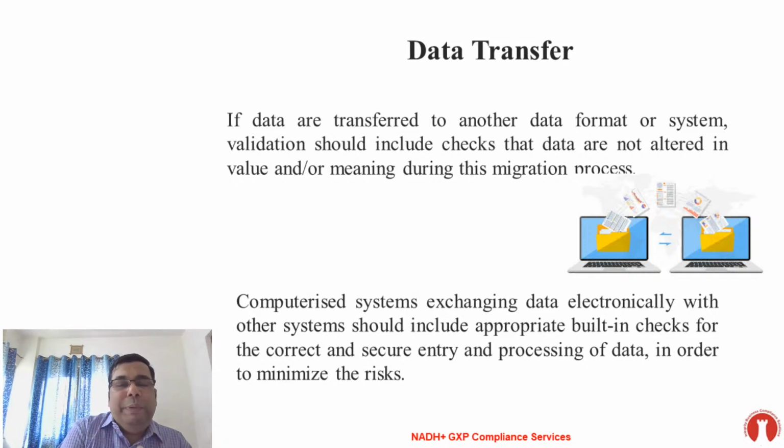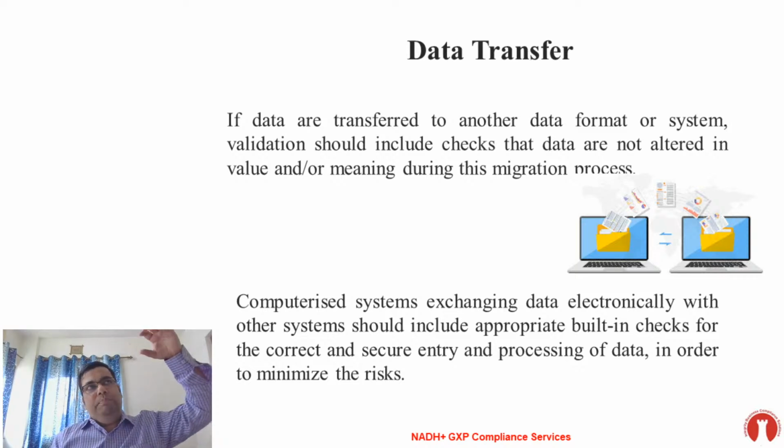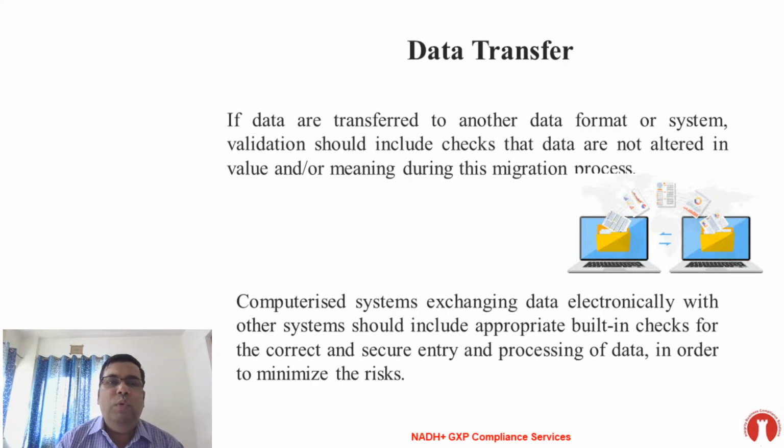Further, the expectation is that a computer system exchanging data electronically with other systems should include appropriate built-in checks for the correct and secure entry and processing of data, in order to minimize risk. When there is an exchange of data, like from server to tape, or from tape back to retrieval in the server, the processing should be correct and secure.